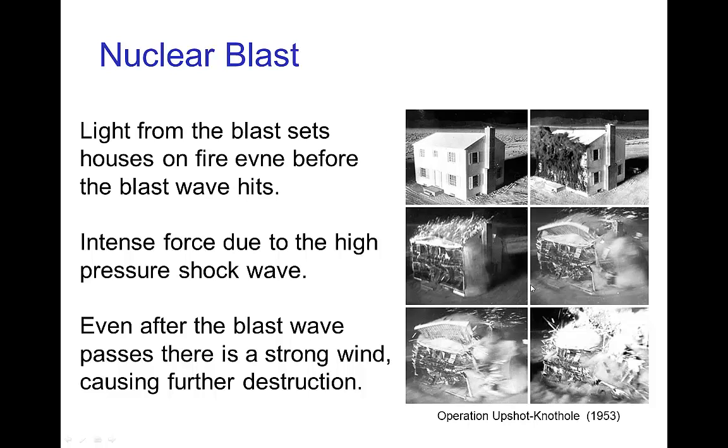This was done in the 50s, and in the first photo after the blast, you see that there's a very bright light, and in fact that radiation is so bright that it actually causes the house to catch on fire.